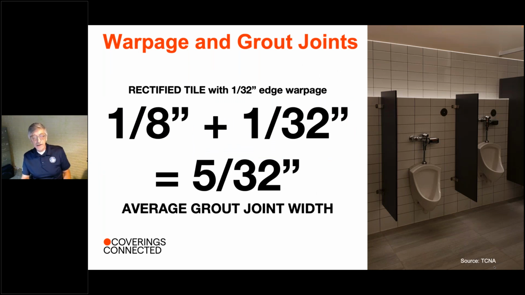A rectified tile with a 1/32 of an inch warpage, that's allowable, requires a 1/8 of an inch grout joint minimum, plus 1/32 inch to accommodate that warpage, which gives you a 5/32 of an inch average grout joint width required for that installation. A little bit techie there, I know. When you get the books, you can read it for yourself. And if you're an NTCA member, email us and we'll help you figure that out.